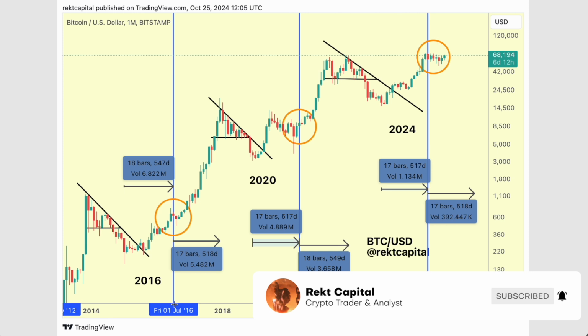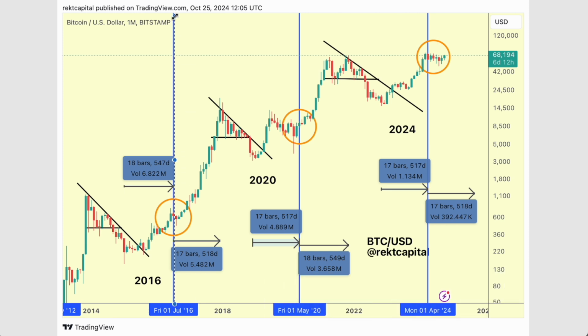So when it comes to the halving event, these blue vertical lines represent a fundamental shift in the Bitcoin protocol, and they also represent a valuable reference point when it comes to bear market bottoms and bull market peaks.